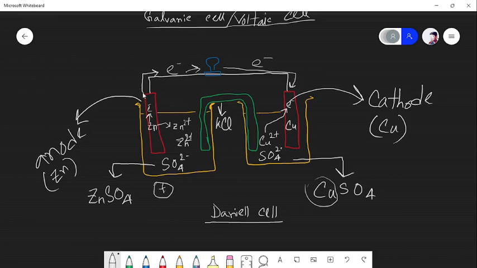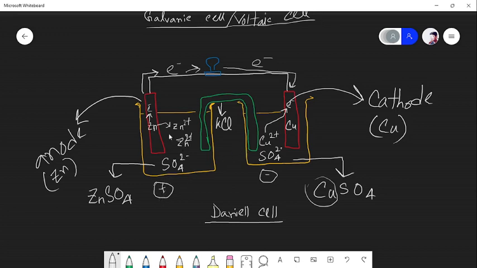And when the electron goes here and copper receives the electron and stays at the cathode as neutral copper, the number of copper ions is decreasing, right? So this solution is becoming more negative because of the sulfate. The number of sulfate is increasing because the number of copper is decreasing.